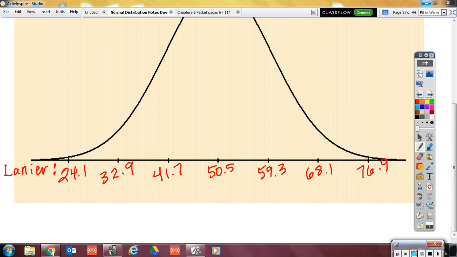Now I'm going to do the same thing for the Alito distribution. I'm going to put it right here underneath it. So let me go to the facts.